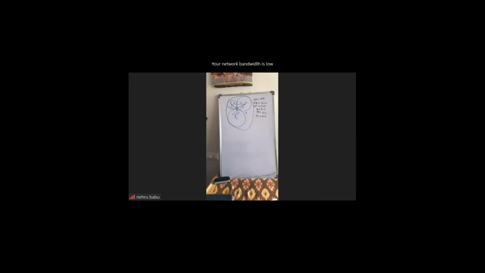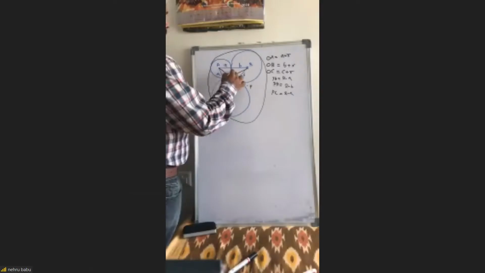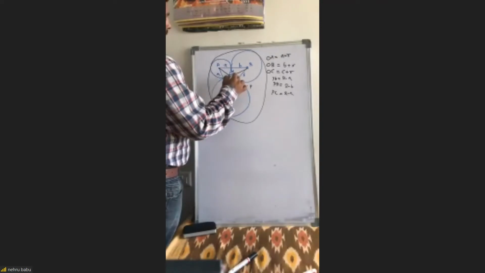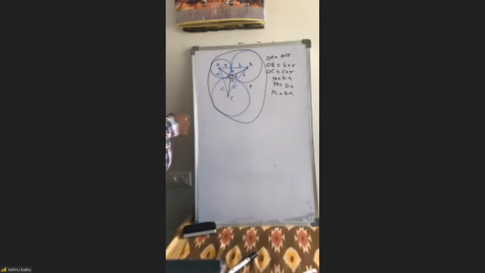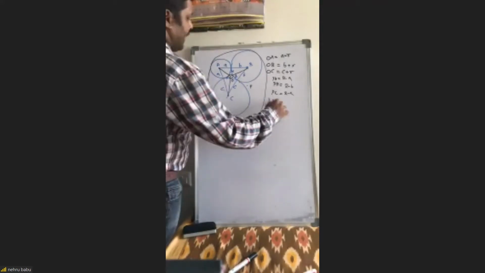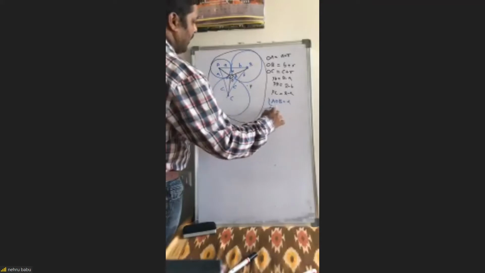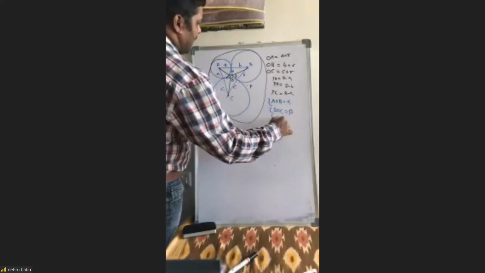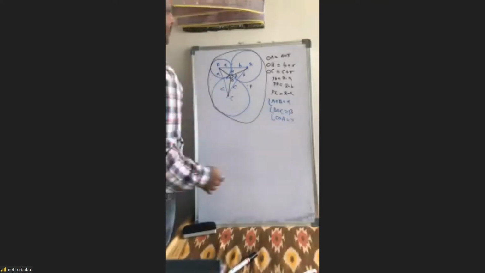Now, if you see this triangle OAB, let me assume the angle at O in triangle OAB is alpha, in OBC it is beta, and in OCA it is gamma. So angle AOB equals alpha, angle BOC equals beta, angle COA equals gamma.